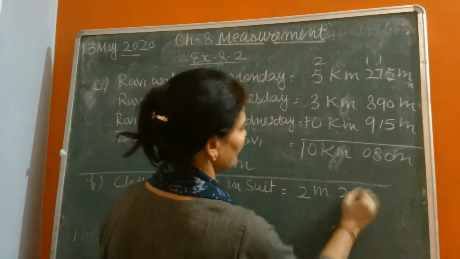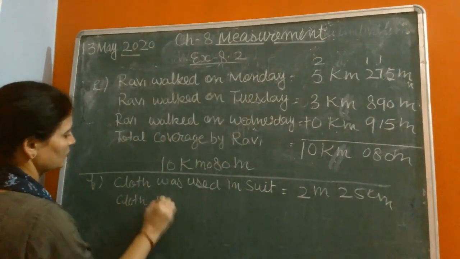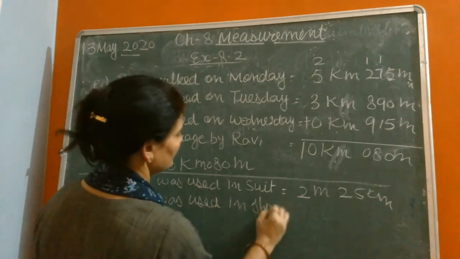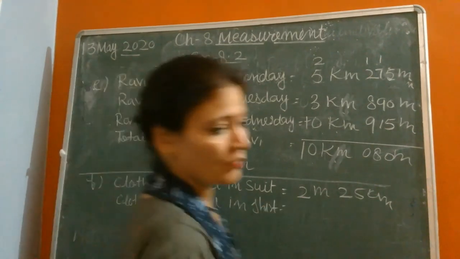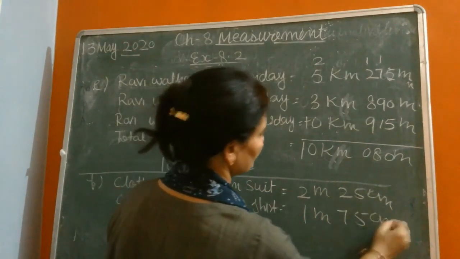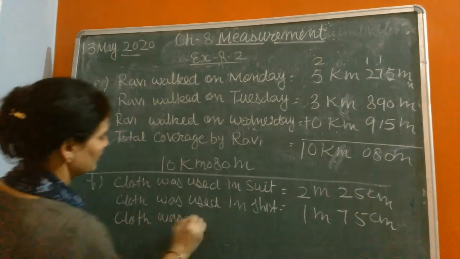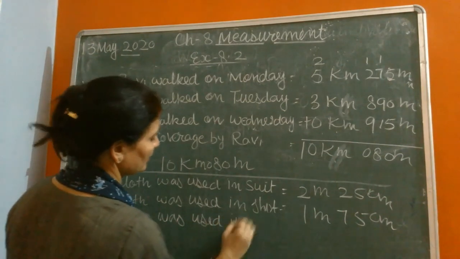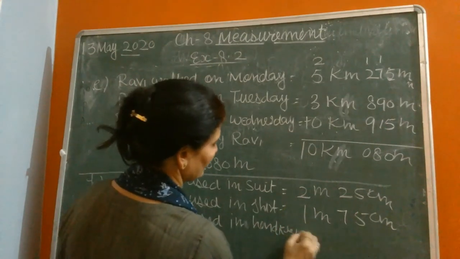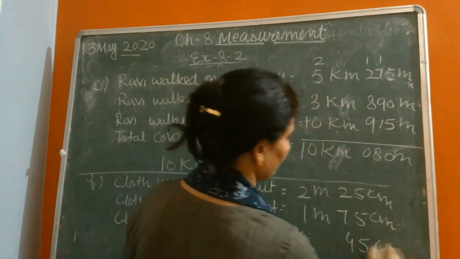Cloth used in shirt equal to 1 meter 75 centimeter. Cloth used in hanky equal to 45 centimeter.